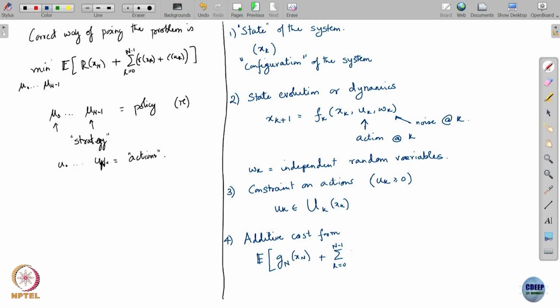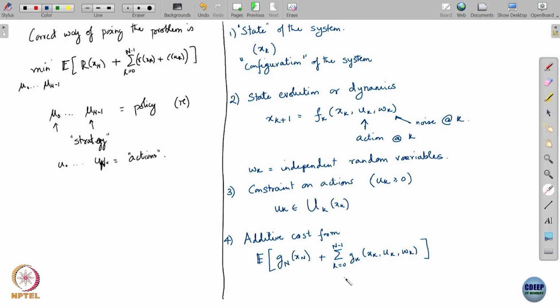All right. So, the entire cost is therefore g n of x n, which is your terminal cost, plus g k of x k u k. Sometimes we also include w k here, but it does not matter, this inclusion is optional. You can simply write g k of x k comma u k, that is also without loss of generality. All right.